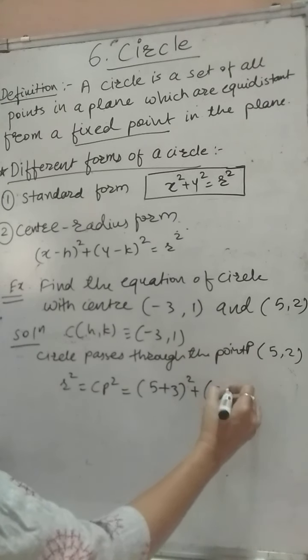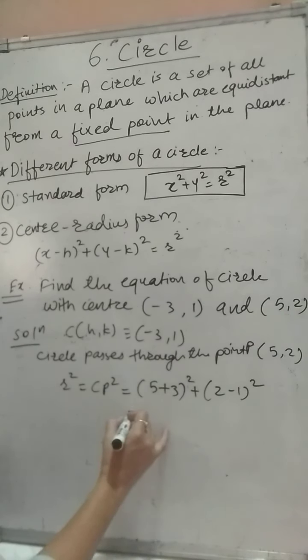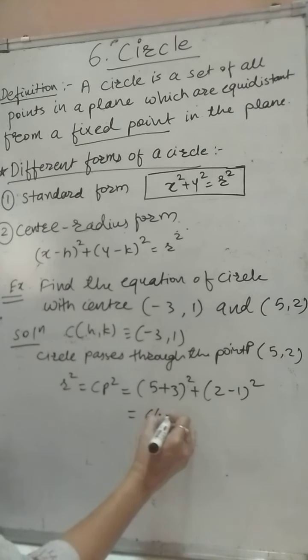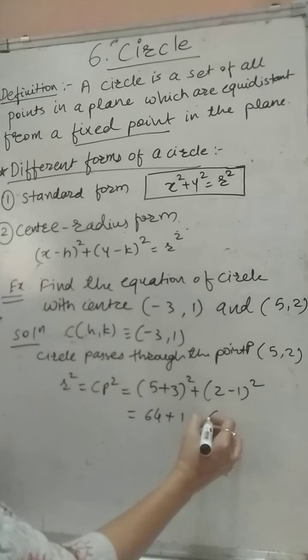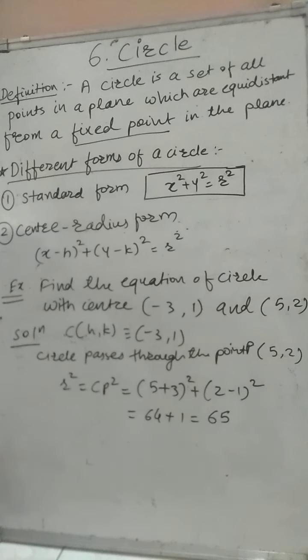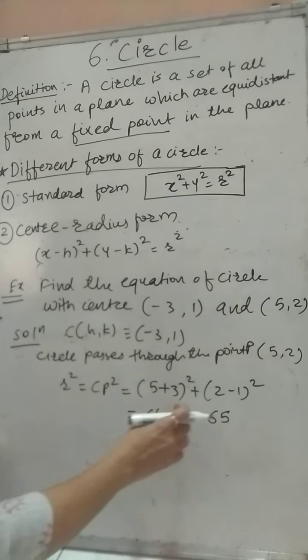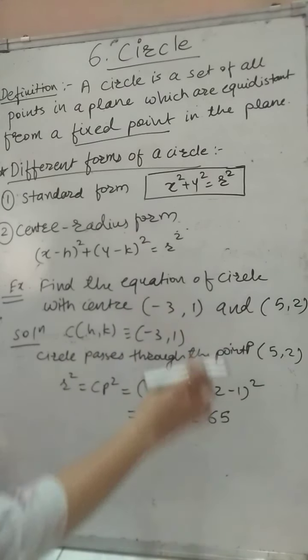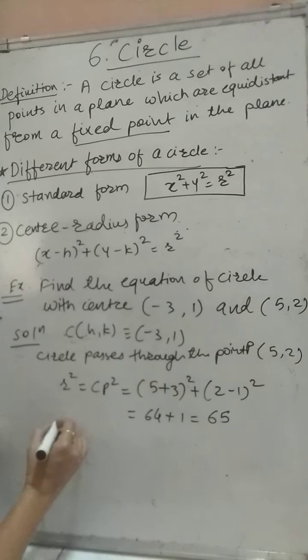We should get 5 plus 3 is 8, 8 square is 64, plus 1, 65. It means r square is equal to 65. r is equal to root of 65. But we don't want r, we want r square. So keep it as it is, r square is 65.